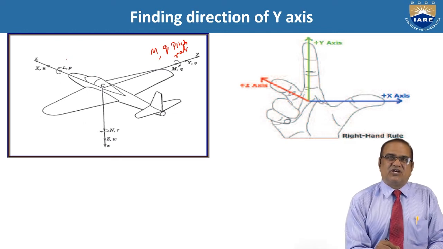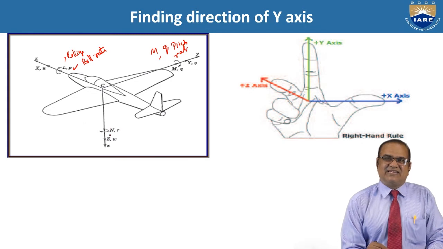L is the rolling moment, P is the roll rate, U is the velocity in the X direction, N is the yawing moment, R is the yaw rate, and W is the velocity in the Z direction.